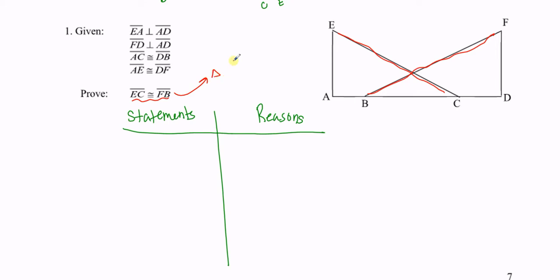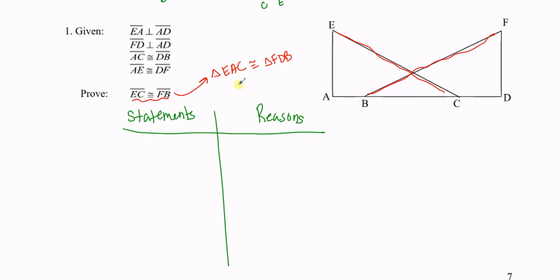In this case, EC is a side of triangle EAC, and FB is a side of triangle FDB. So if we can show these two triangles are congruent, then all their corresponding parts would have to be congruent. And EC and FB is a pair of corresponding sides.